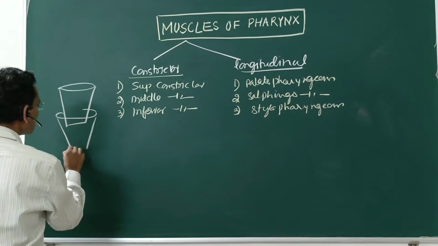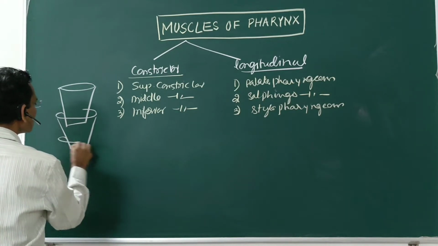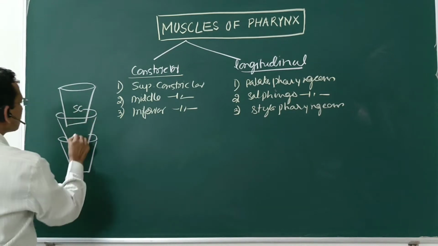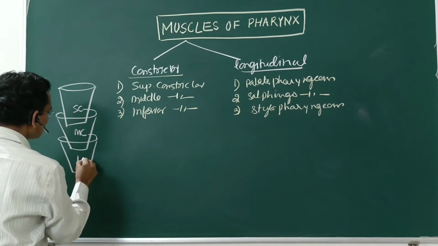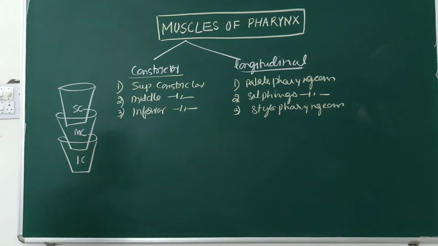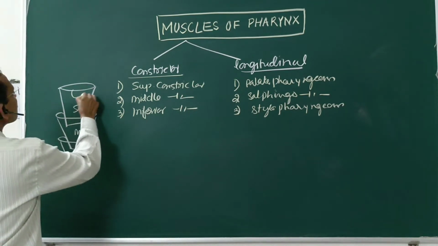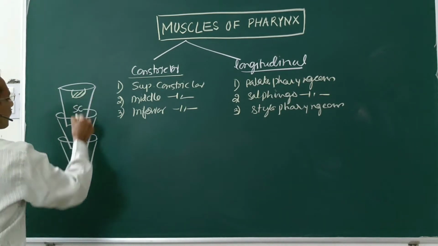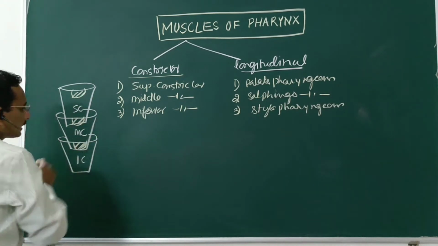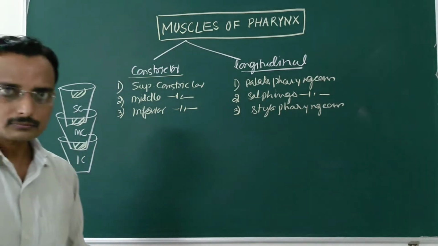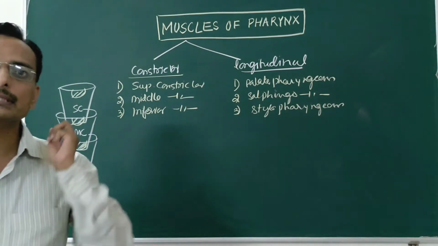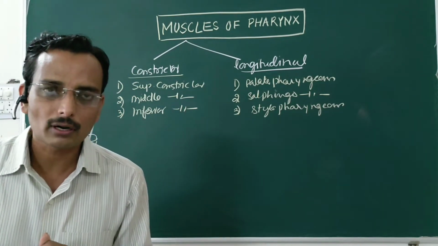This is one over the other. This is your superior constrictor, this is the middle constrictor, and this is your inferior constrictor. They have the opening in front for the cavities. Understand? They encircle the pharynx and form the major bulk of the pharyngeal wall.